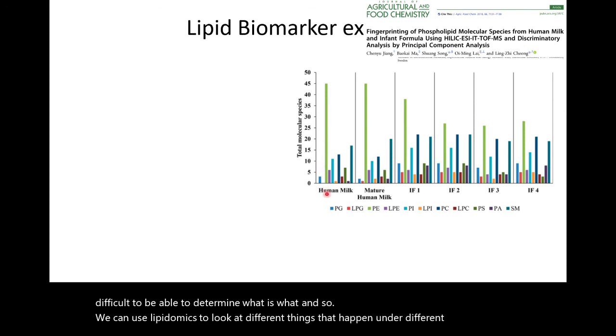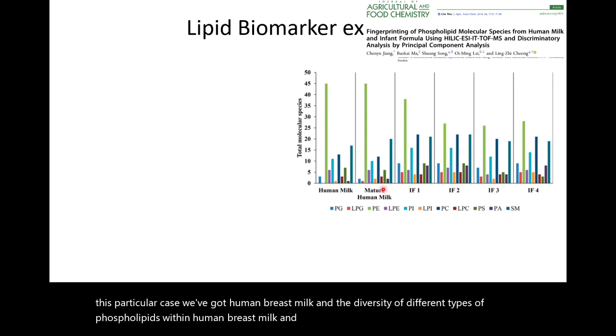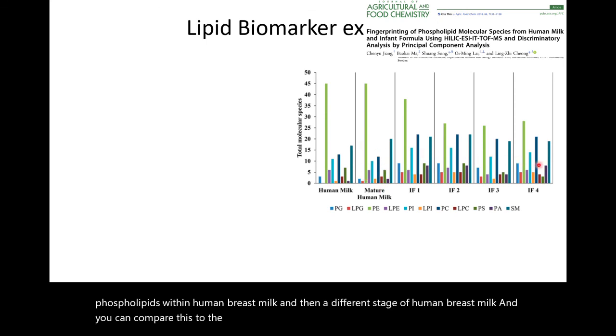So in this particular case, we've got human breast milk and the diversity of different types of phospholipids within human breast milk, and then a different stage of human breast milk. And you can compare this to the levels of different things in different infant formulas.